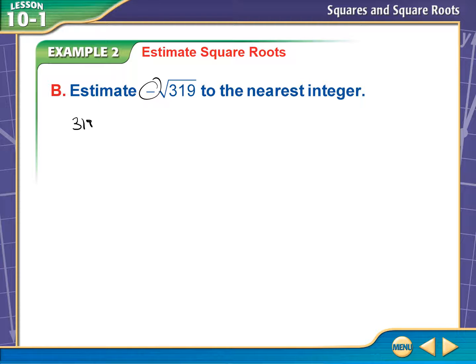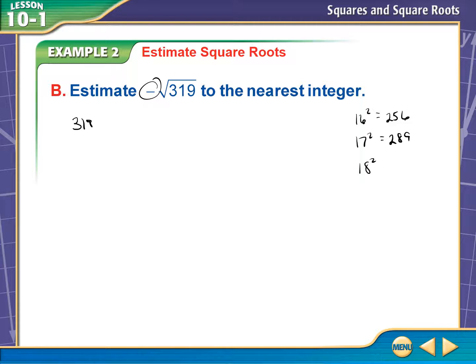Well, if you think back to a couple problems ago, we figured out that 16 squared was 256. Right? 17 squared is going to be 289.